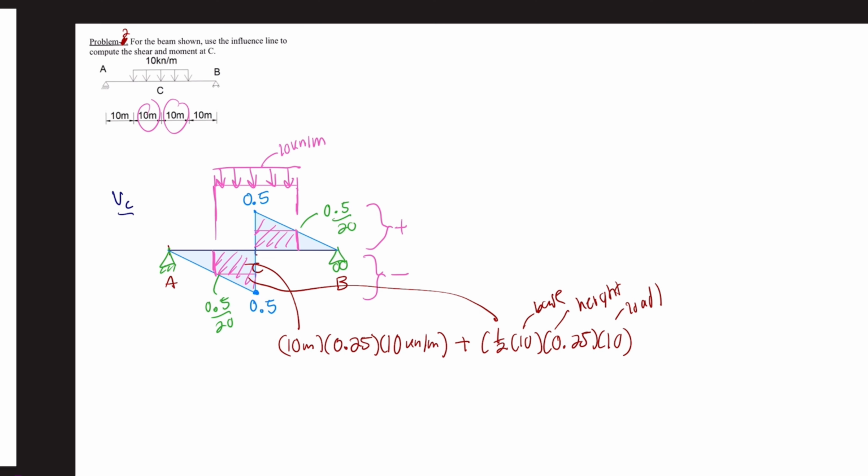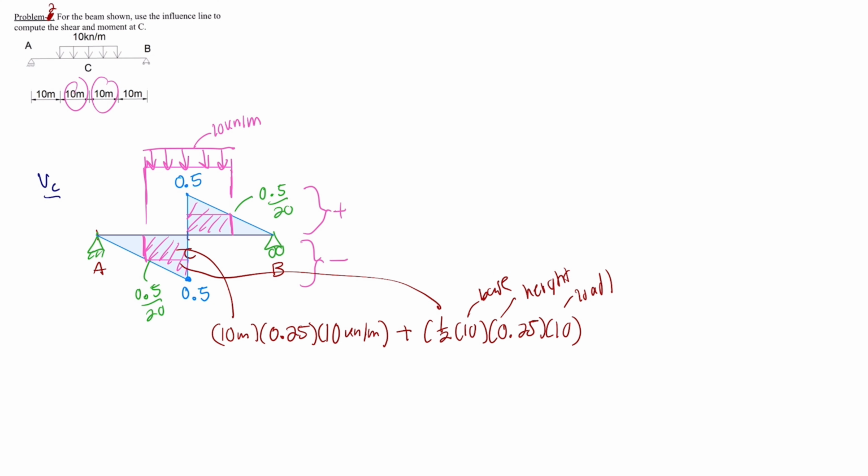But we really don't have to calculate this because we can see that this area is going to cancel out this area, so we're basically just adding to 0. This is for the bottom section, but it will also be the same for the top section, which is positive. So this will just cancel out and add to 0. So the shear at C is going to be 0. And that is the answer for the first part.